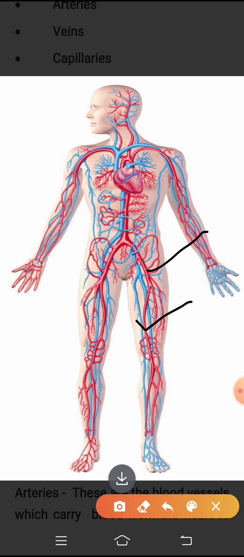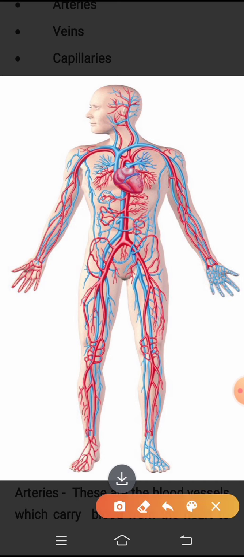Hence the blood is called oxygenated blood. And the blood vessels which are bluish in color are poor in oxygen. As they are poor in oxygen, they are rich in carbon dioxide.